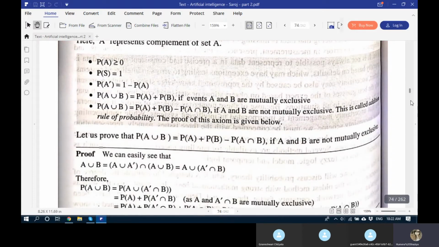And the axioms of probability, I think you remember. Probability of A is greater than or equal to 0, and probability of S, the sample space, should be equal to 1, because probability of A1 plus probability of A2 and so on, probability of AN together should be equal to 1.